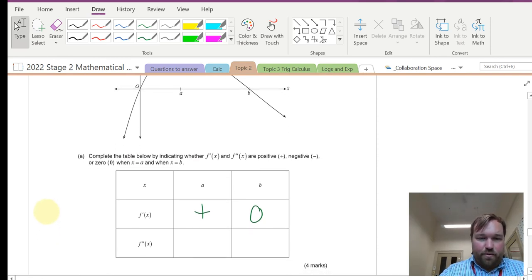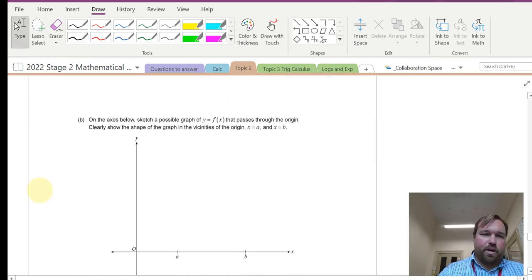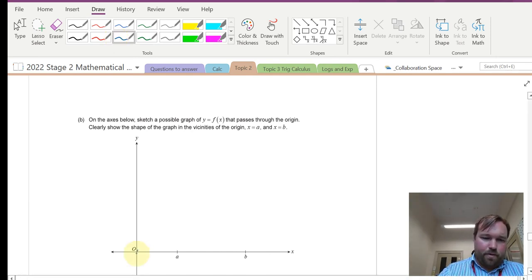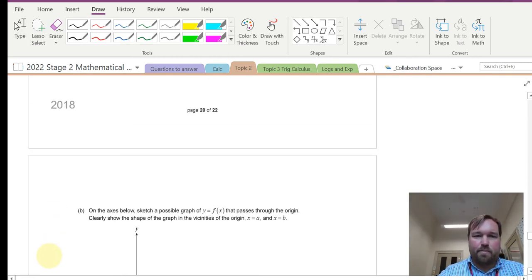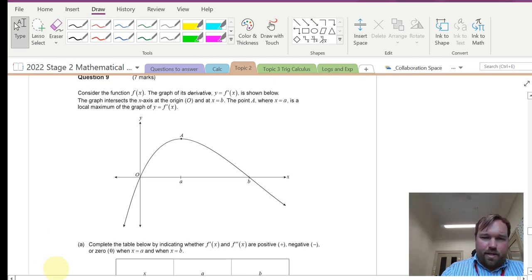The second derivative at A, well, the second derivative is the slope of the first derivative, like that. On the graph below, sketch a possible graph of the first derivative that passes through the origin, clearly showing the shape of the graph in the vicinities of x equals a and x equals b. Alright, so what this means here is the sign diagram is going from negative, positive to negative, so the graph will go like that at b.